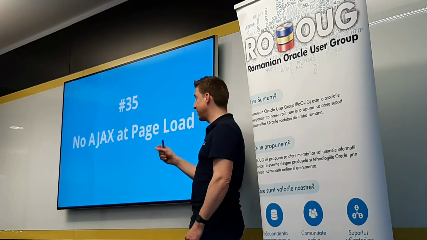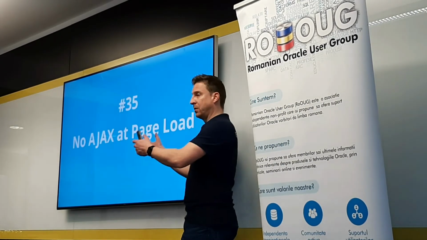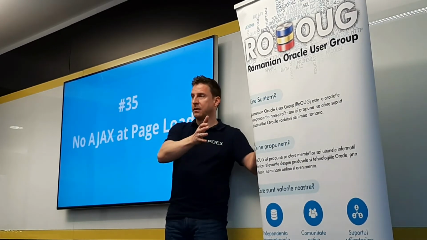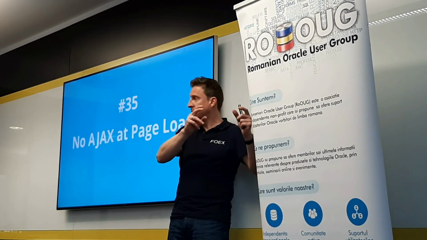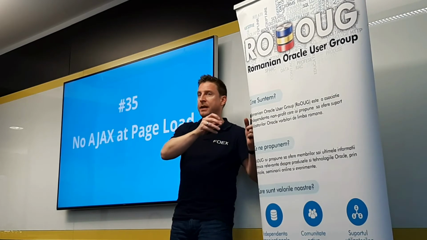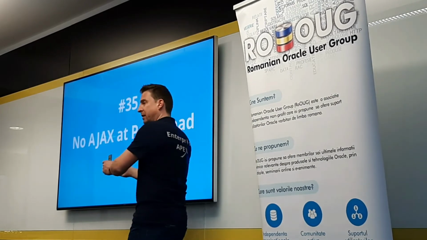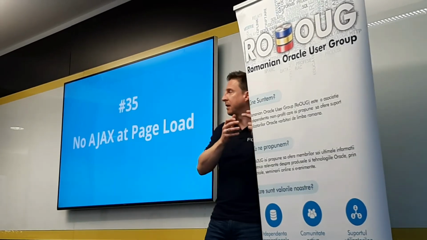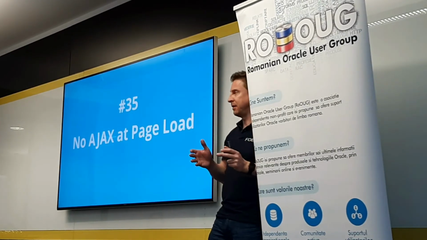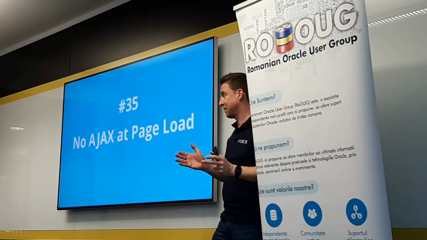That actually means the page loads, it's sent to the browser, the browser renders the page, and then fires the page load event. So now an Ajax call is going back to the database, doing your dynamic action stuff, and going back to the browser again.